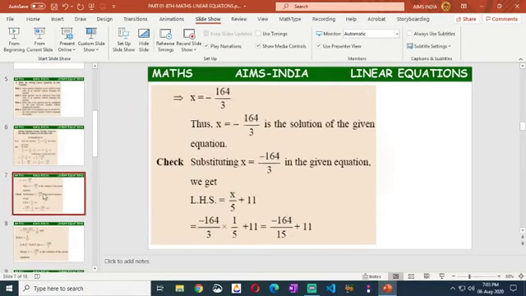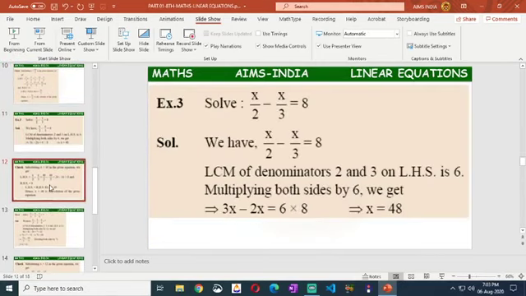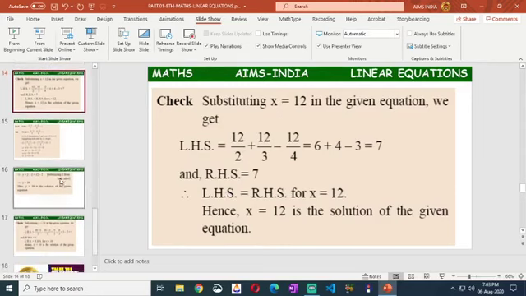We have discussed 5 examples. For each example, we have checked the answer by substituting the value in LHS and RHS, so that it is confirmed whether the answer is correct or not.